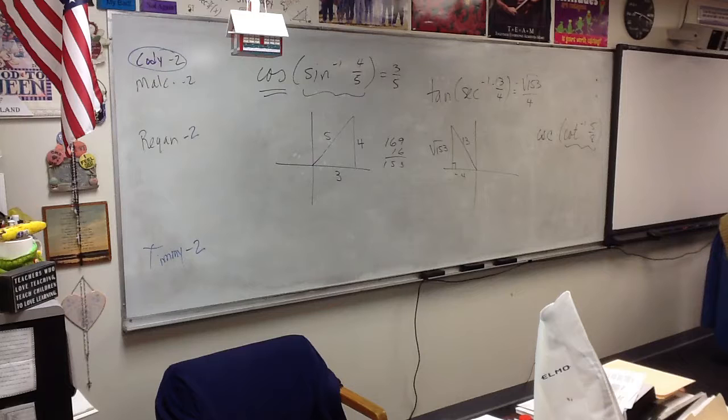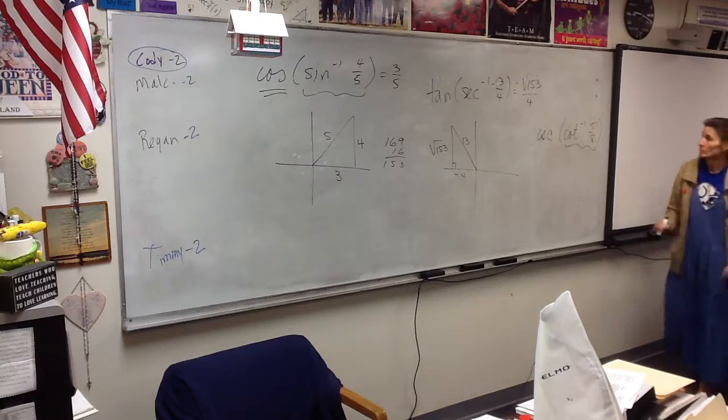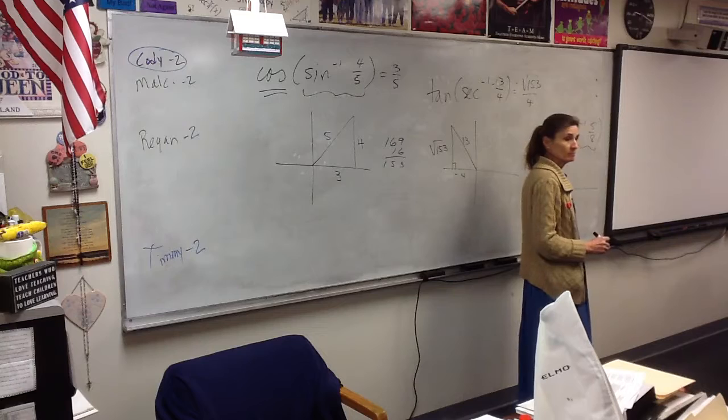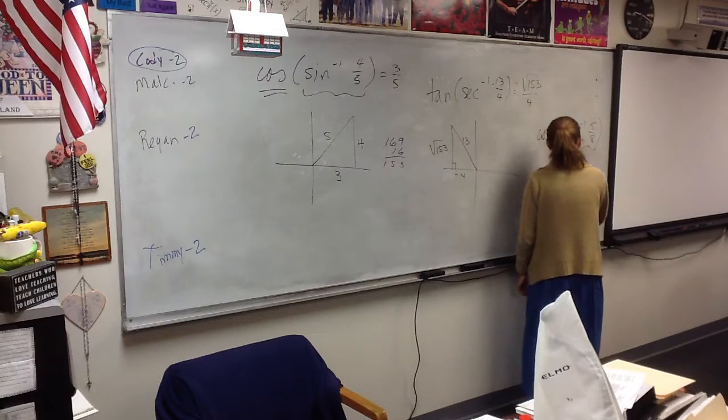Tangent is opposite over adjacent. So opposite. Cosine is adjacent over hypotenuse. What quadrant did you put it in today? Good job, quadrant 1.